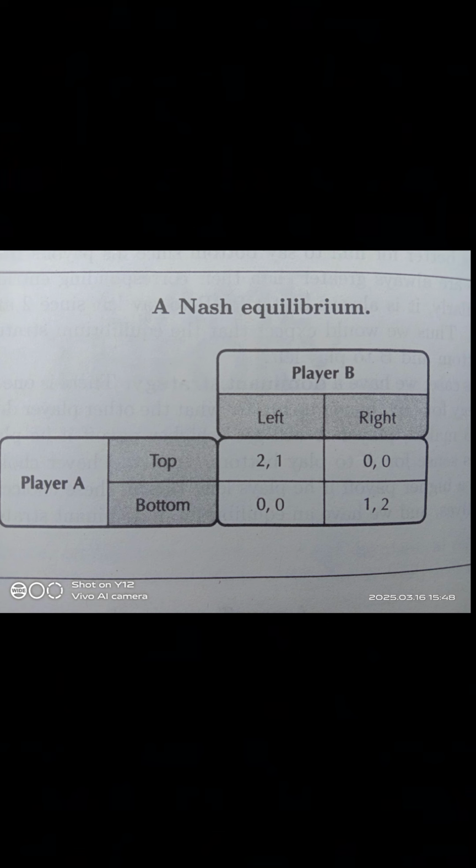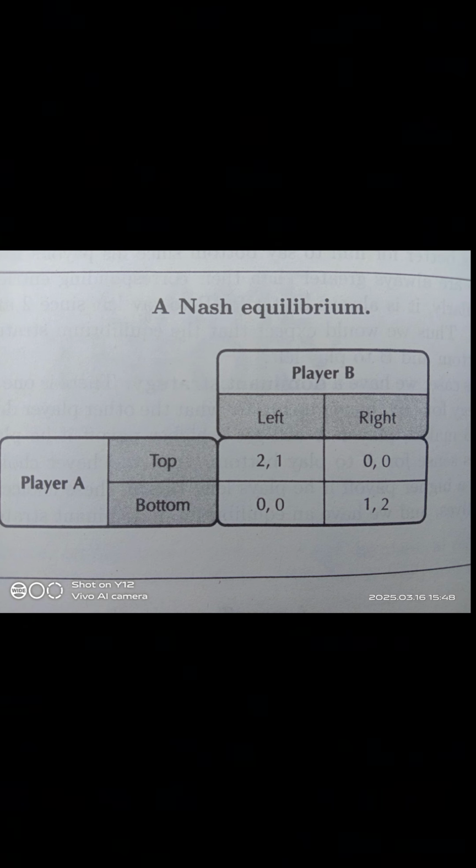In a game, we cannot restrict that Nash equilibrium will happen with only one strategy, like top left. We saw that the top left strategy is a Nash equilibrium, but it is not the only one. There may be other Nash equilibria in this payoff matrix.